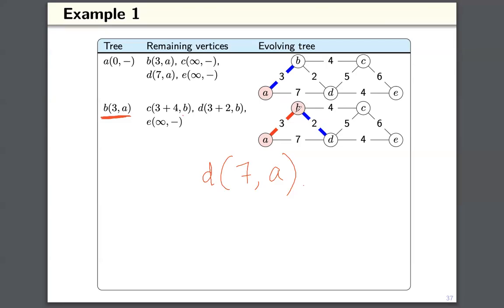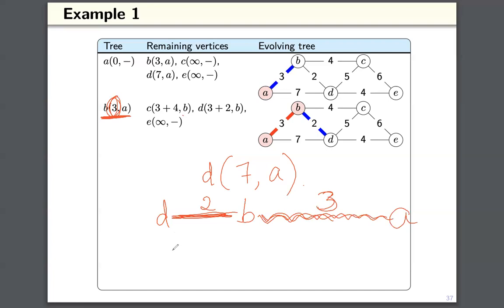D is connected to B at a distance of 2, and B has a shortest distance of 3 from A, right? Connected means direct connection here. So the shortest distance to B is 3.